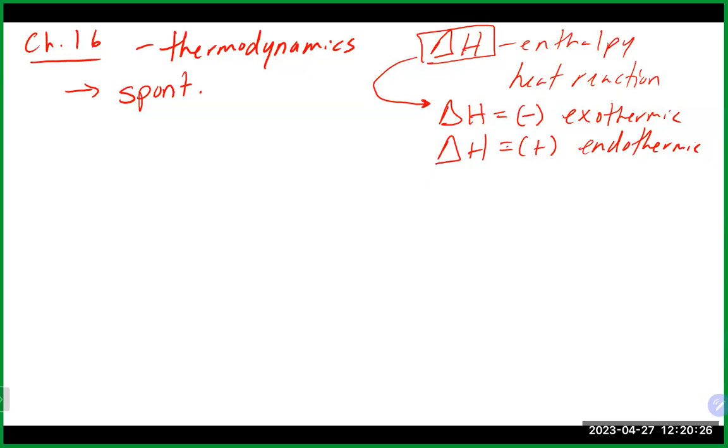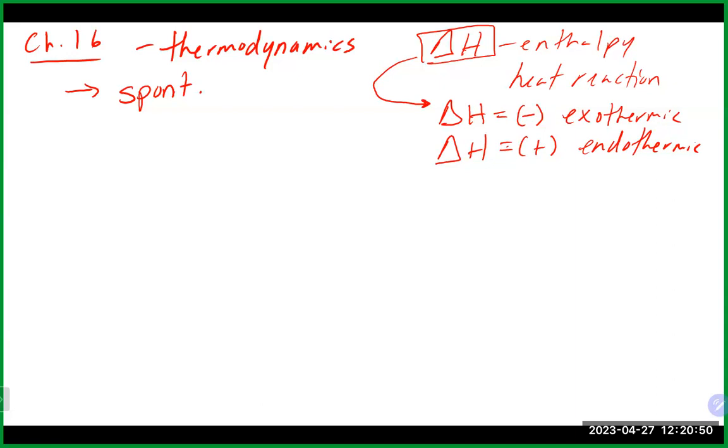So as we talked about, although we may think of exothermic reactions as guaranteeing that the reaction is going to be spontaneous, it's not really the thing that we could use to determine whether or not a reaction is spontaneous. As we saw in some examples last time, there were reactions that were exothermic and also reactions that were endothermic that were spontaneous.